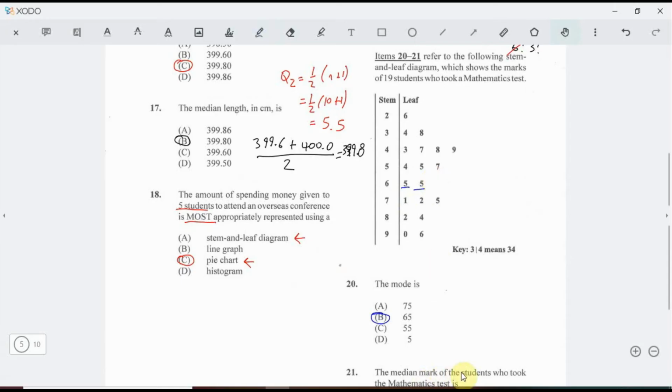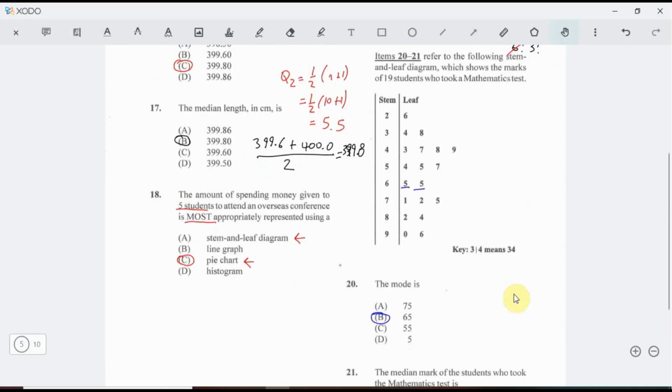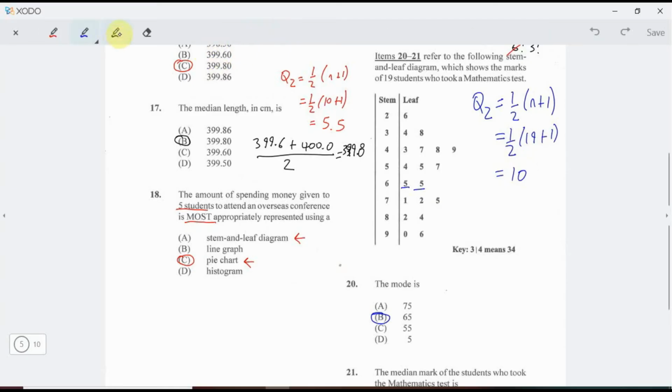Then it says the median of the students' mathematics test is. Now the median, remember the position of the median, Q2, is a half of (n plus 1). So it's a half of 19 plus 1, which is a half of 20, which is 10. So the 10th value is going to be the median.